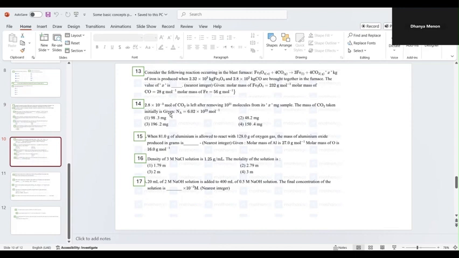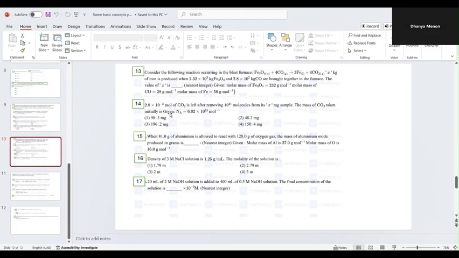The value of X you have to find out, and the molar mass of iron oxide is given to you. It is 232. To make things easier, carbon monoxide is 28, and iron is 56. That also is given to you. So knowing all these, we have to find out the value of X.